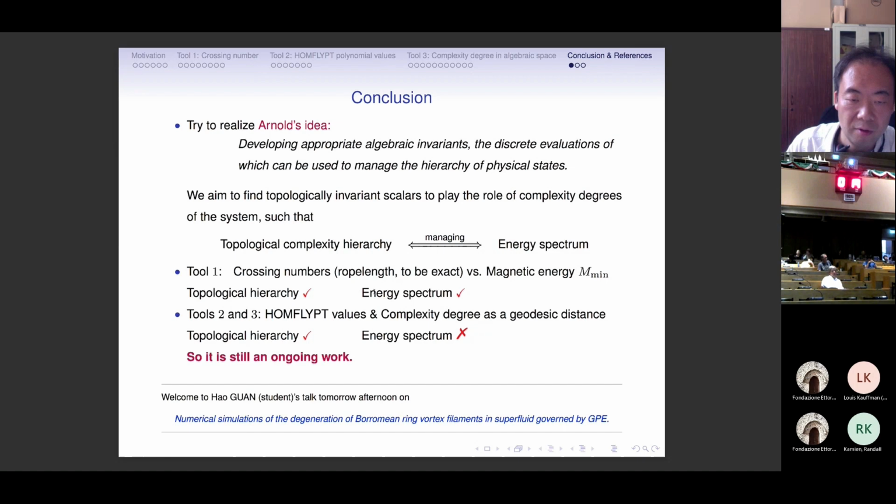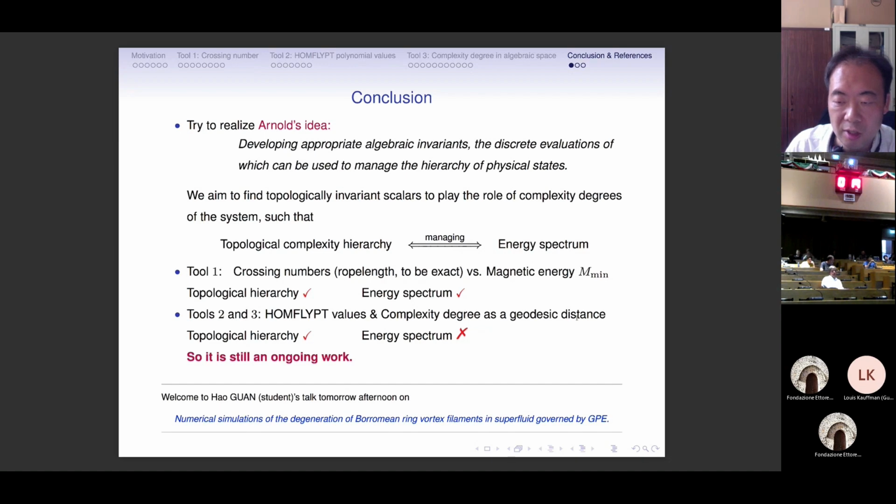So we can make a correspondence between these two hierarchies. And in 2 and 3, I reviewed HOMFLYPT values and the geodesic distance method. These two methods can also give topological hierarchy. But so far we haven't got the energy spectrum. So I have to say it is still ongoing work.